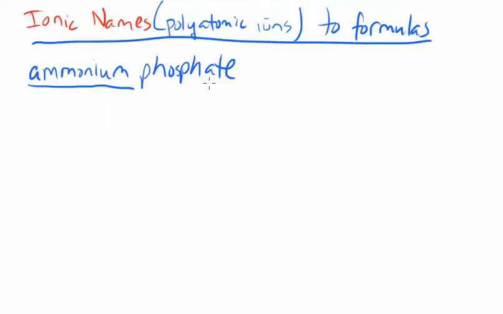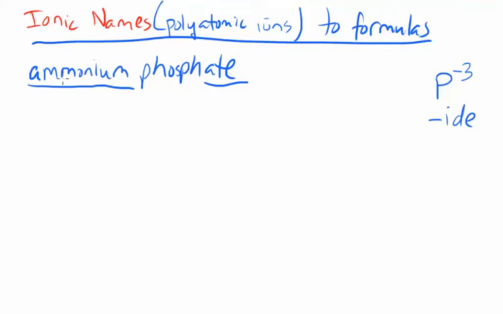And then phosphate. Well, remember, a lot of the polyatomic anions end in ate or ite. So this is not phosphide. Phosphide is monoatomic. Here's phosphide. It ends in IDE. This ends in ate. So you should look at the polyatomic ions.